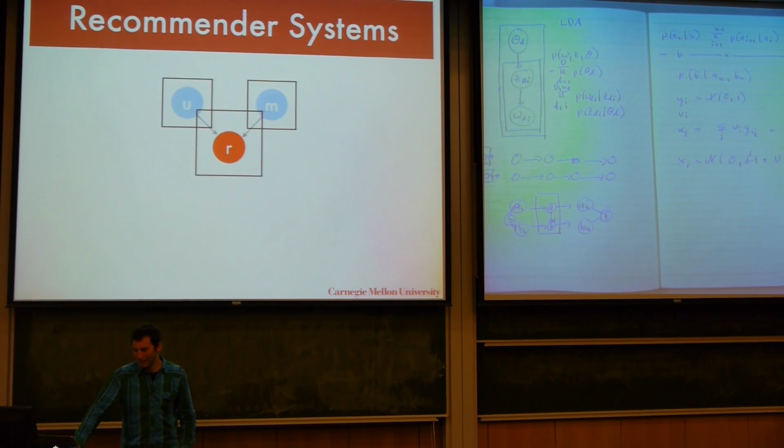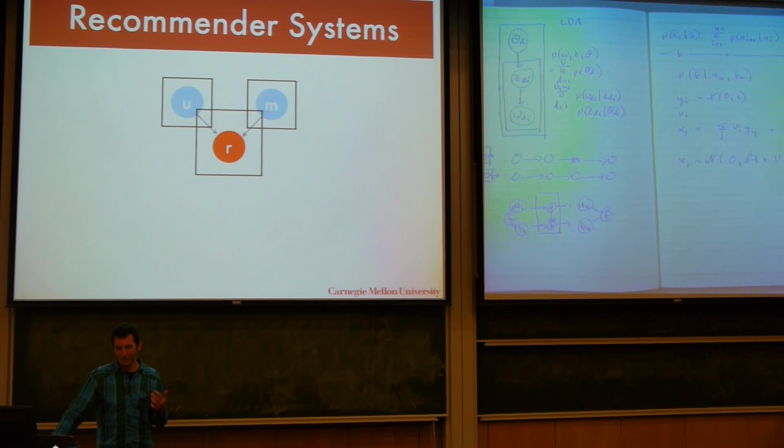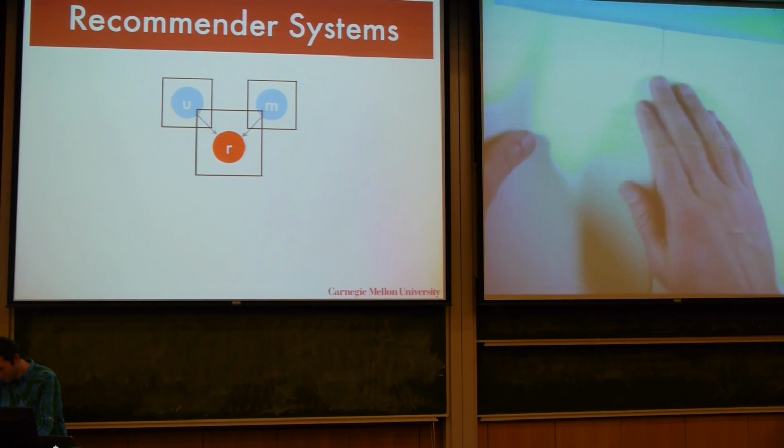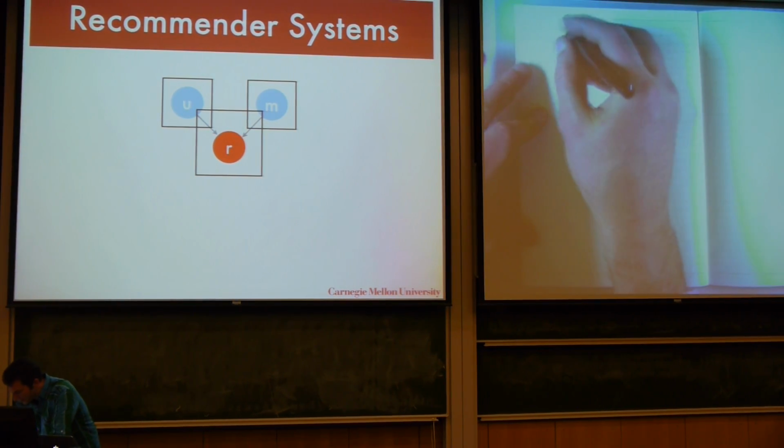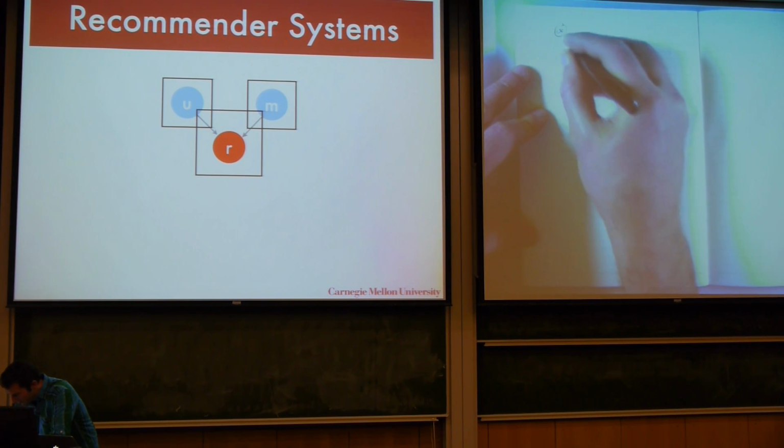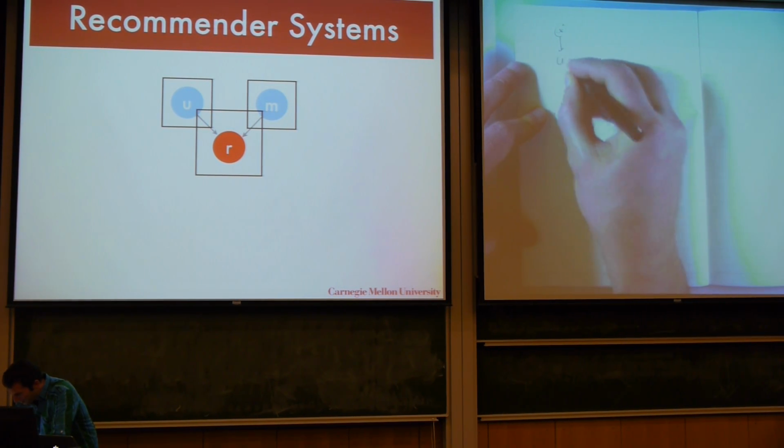Okay. Here's another structure. You've probably rented a movie on Netflix or on Amazon or Hulu or whatever. And so what you have there, and this is why I want to walk you through this, you have users and you have movies. And then you have ratings. I could model the users very nicely, through, let's just take a new page. Here's a simple model for the users. I have some parameter alpha, which is a common cause, and then I have users, u_i.